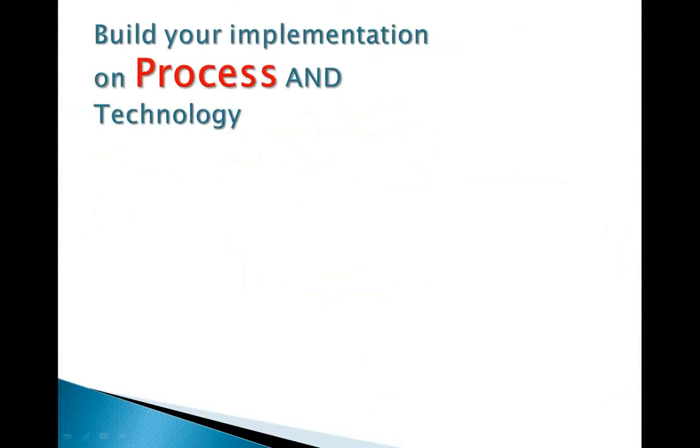A technology implementation can be somewhat rigid, while a process implementation has flexibility to adjust to technology. If you build a program around a technology alone, you'll find yourself in a jam with each new upgrade or each new release of software. So that's one of the first things that we want to check.